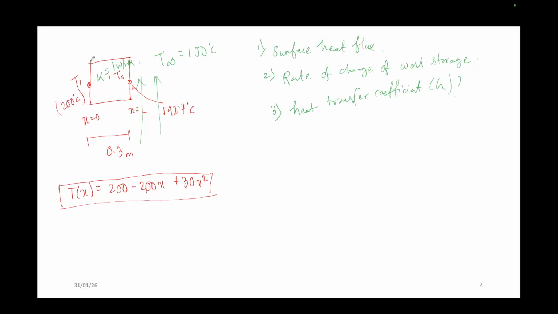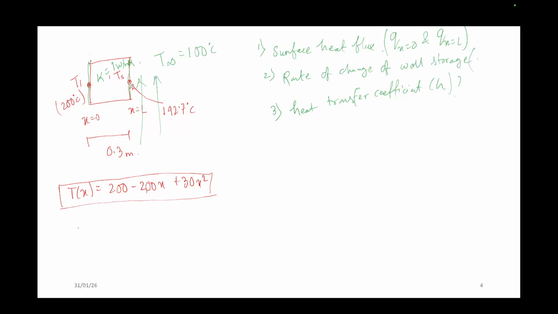Surface heat flux. That means you have to find out the heat flux here and heat flux here. For the first question, what they are asking is to find Q at x equal to 0 and Q at x equal to L. Net change of wall storage: what basically does it represent?